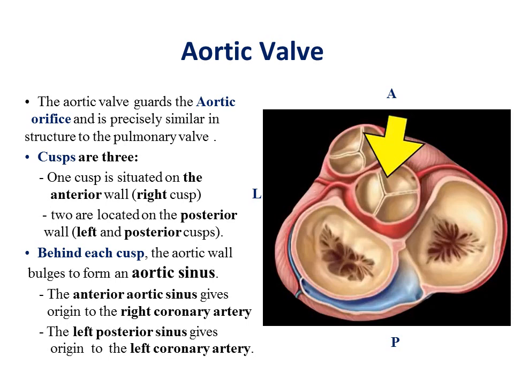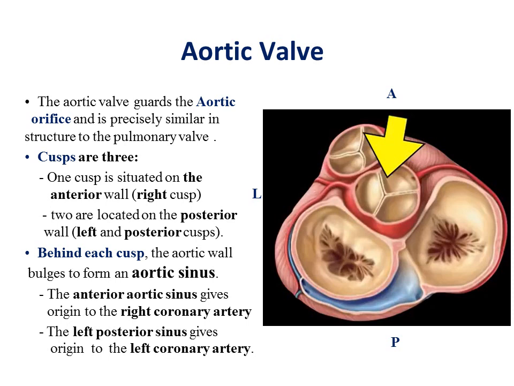This is the left and posterior, and here there is something called the aortic sinuses. Through those aortic sinuses, one anterior is giving the right coronary artery, and one posterior is giving the left coronary artery.